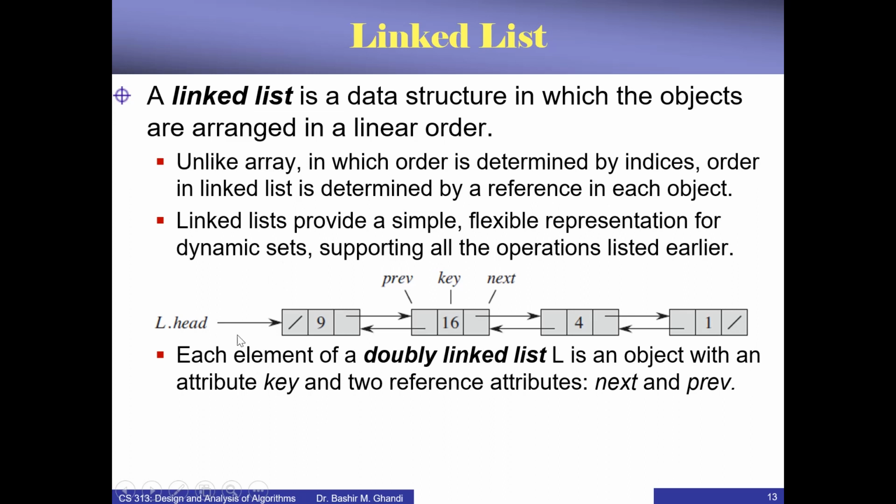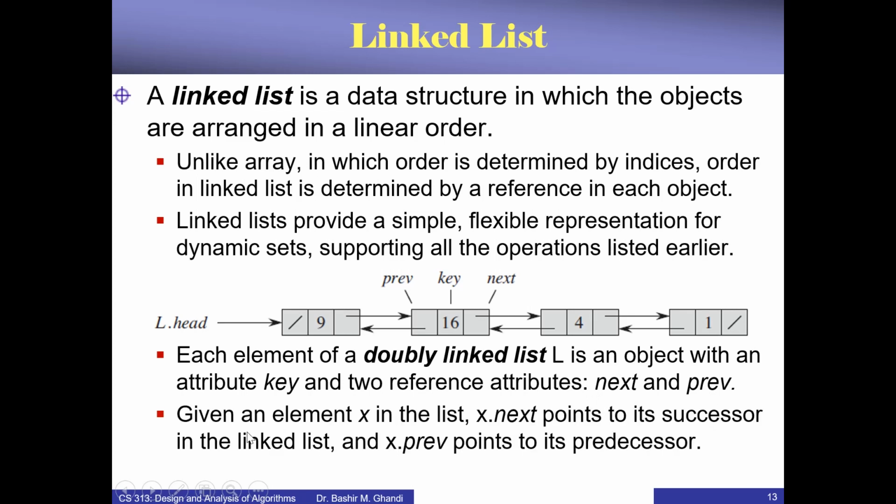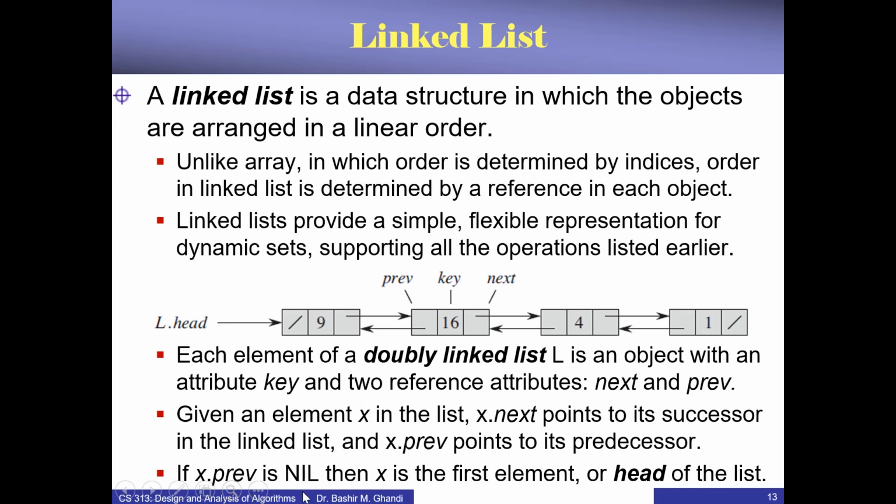So this is, as I just explained, that each element of a doubly linked list L is an object with an attribute key and two references, next and prev. So given an element x in the list, x.next will point to its successor and x.prev will point to its predecessor. If x.prev is nil, then it means x is the first element.